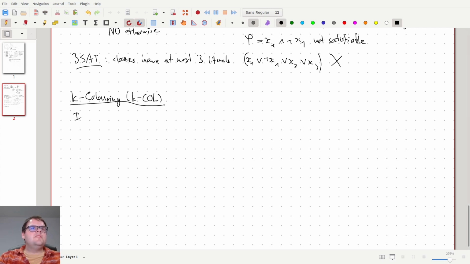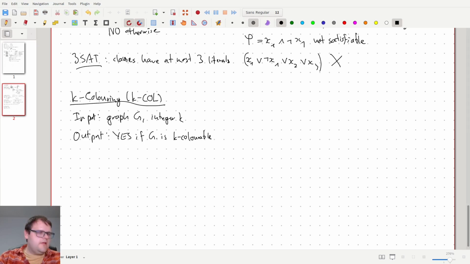So the input is going to be a graph G and an integer K. And the output is going to be yes if G is K-colorable, and it's going to be no otherwise. So what does it mean for a graph to be K-colorable? Well, it just means we can color it with K colors.